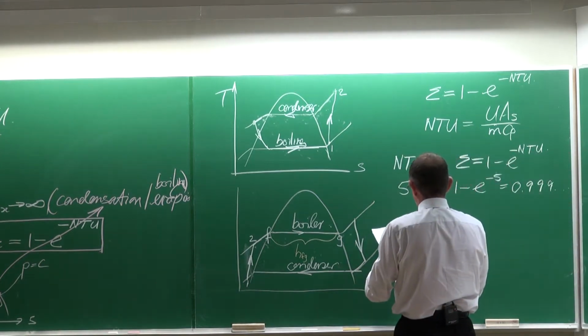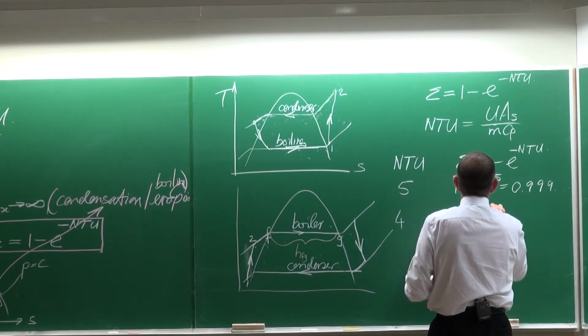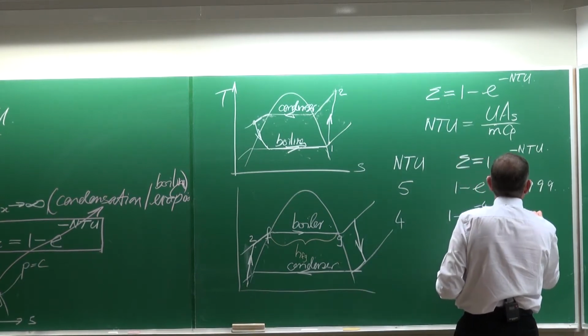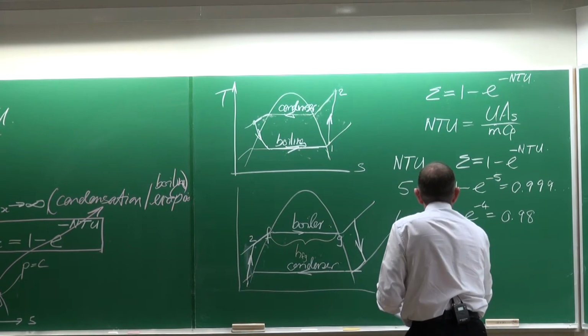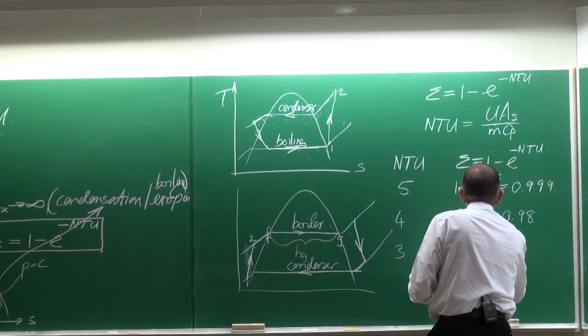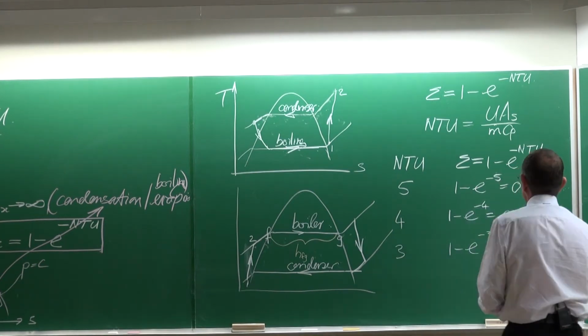If it is equal to 4, 1 minus e to the minus 4, then it is 0.98, 98% efficient. If it is 3, 1 minus e to the minus 3, then it is 95% efficient.